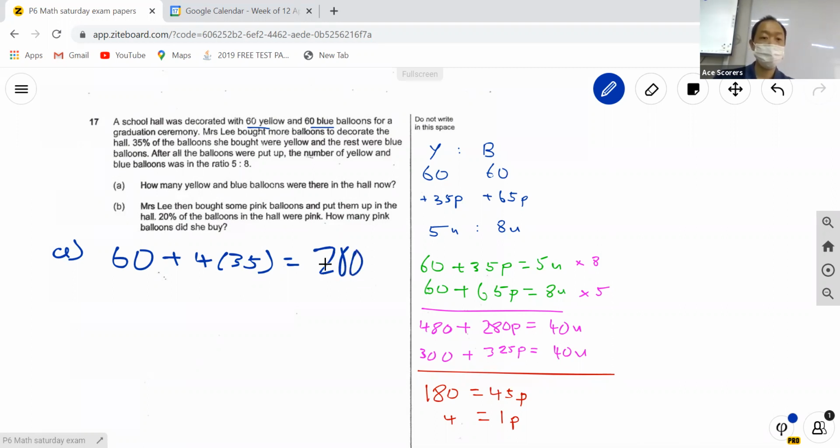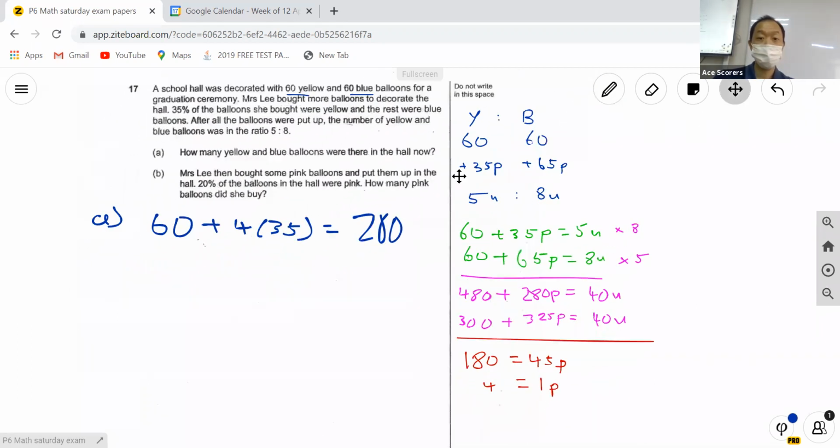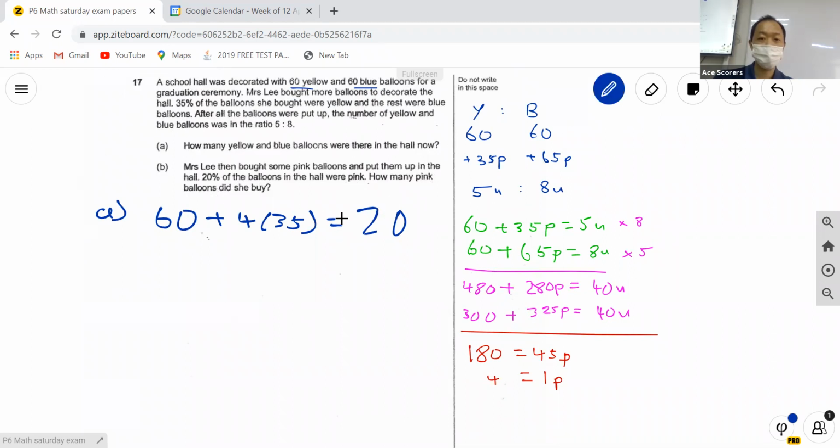And then the number of blue, it will be 60 plus 4 times 65. 320. Right, so the total I think is 520. Yay!